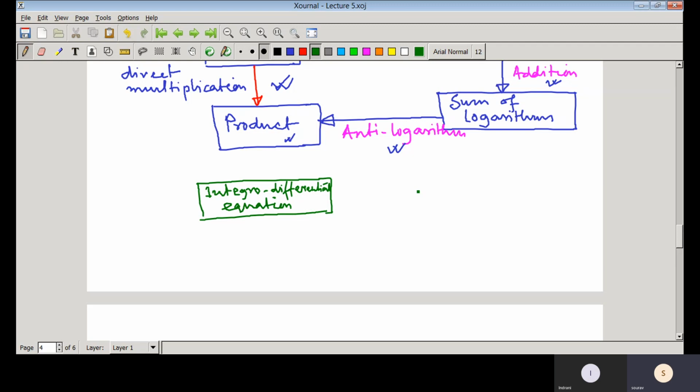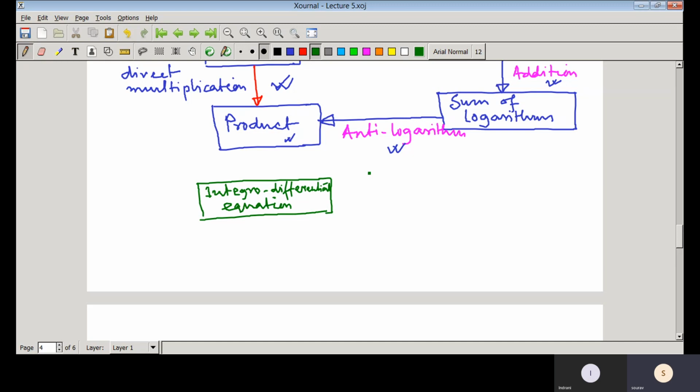Like in the case of an RLC circuit, whenever you write that KVL equation, it would be V equal to IR plus L di by dt plus 1 by C integral of I dt. That means it consists of derivative and integral. So that is called an integral differential equation.